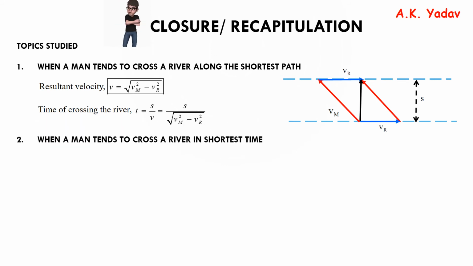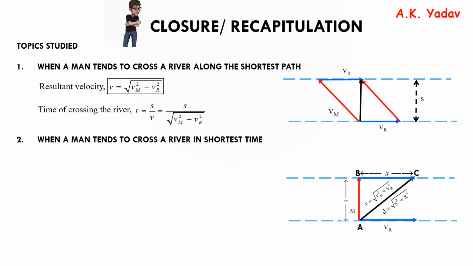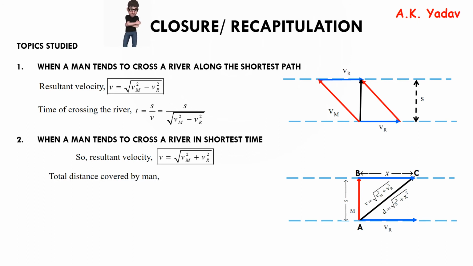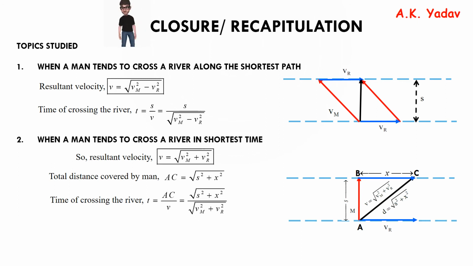When a man tends to cross a river in shortest time, then the resultant velocity v is equals to under root of vm square plus vr square. The total distance covered by the man is under root of s square plus x square. And the time for crossing the river is t equals under root of s square plus x square upon under root of vm square plus vr square.